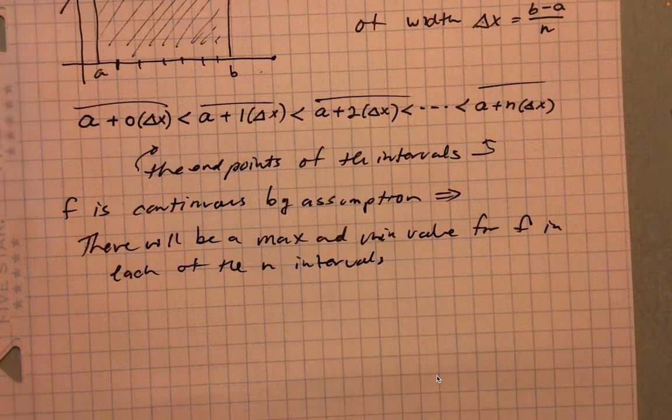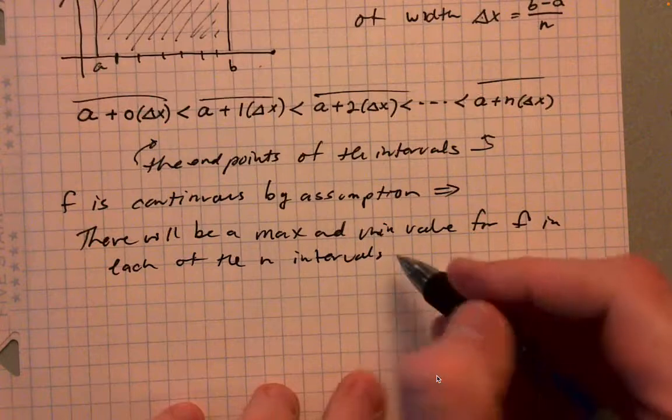So if f is continuous, then there will be a max and min value for f in each of the n intervals, by the extreme value theorem.